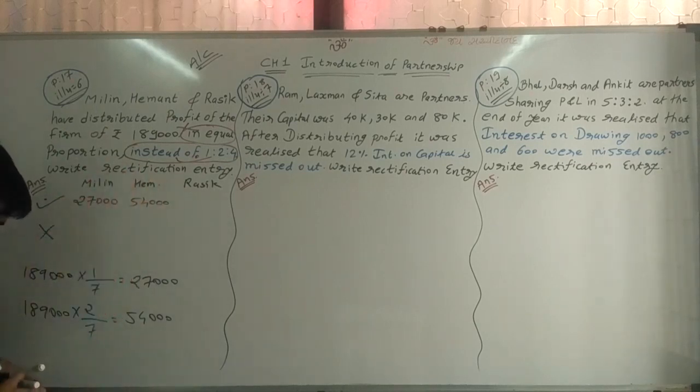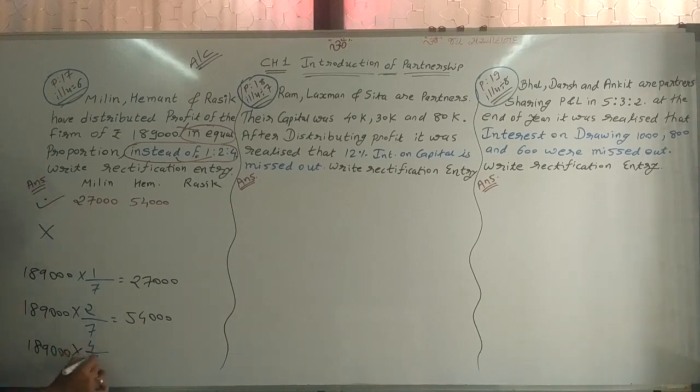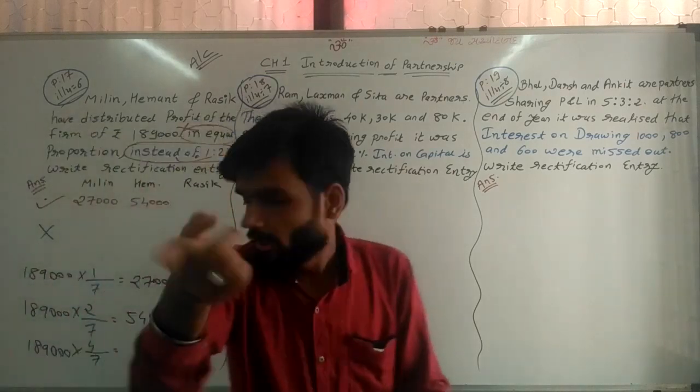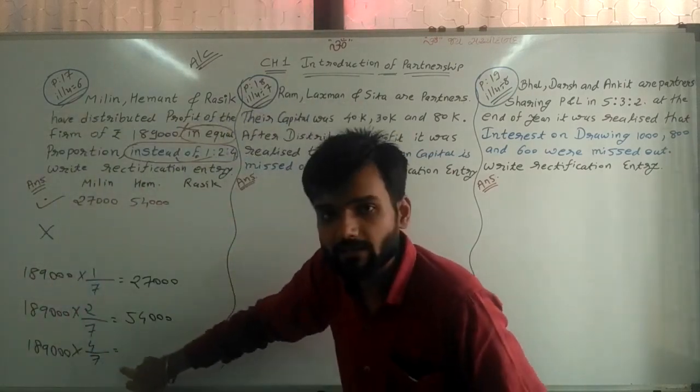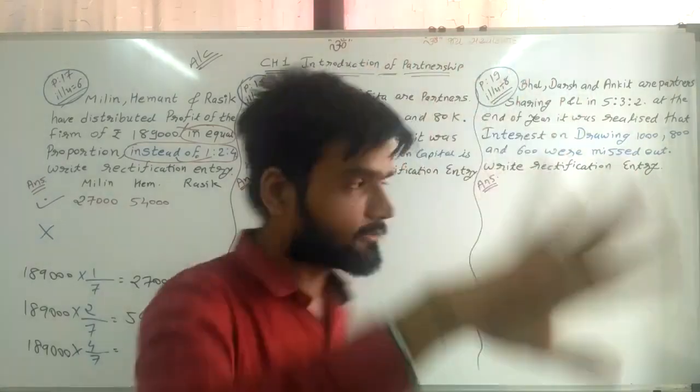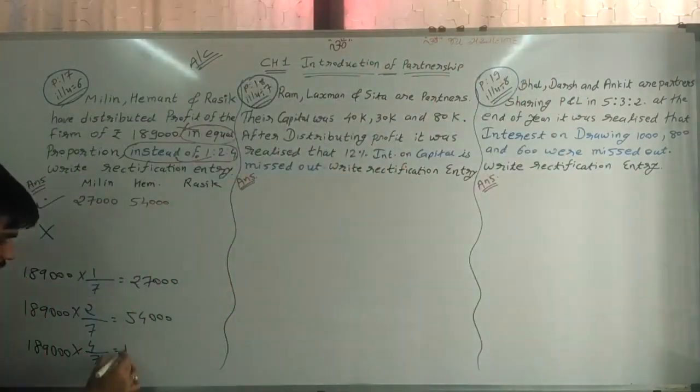Now for Rasik, last: 1,89,000 into 4 divided by 7. Again, if you calculate 1,89,000 into 4 divided by 7, you will get 1,08,000.